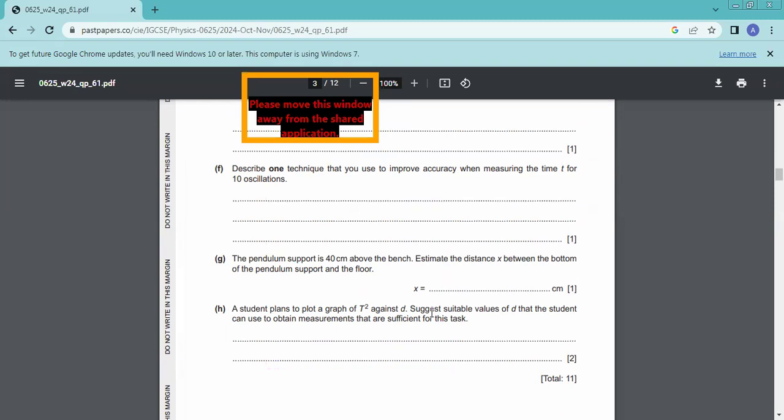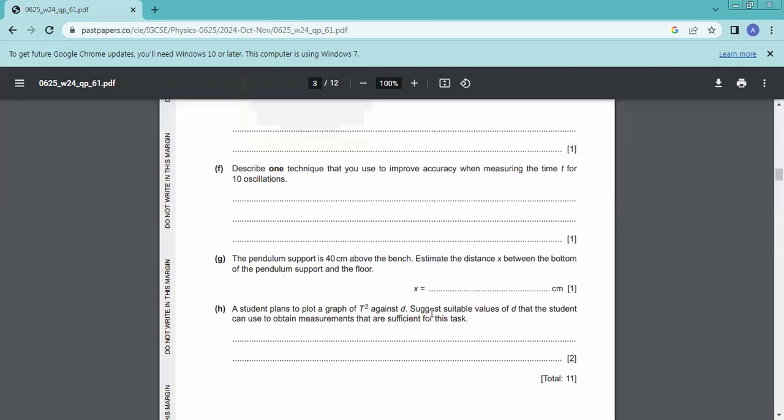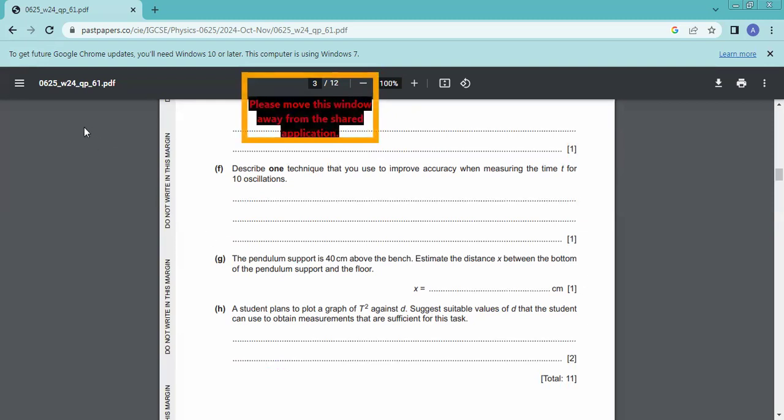To improve accuracy in time measurement, the time for 10 oscillations is measured multiple times and the average is calculated. So this reduces the effect of random errors. This would be the best technique.